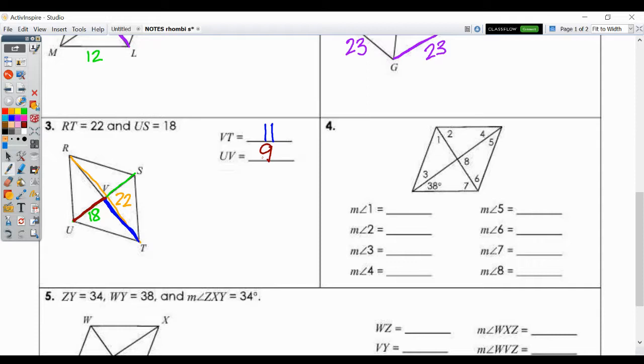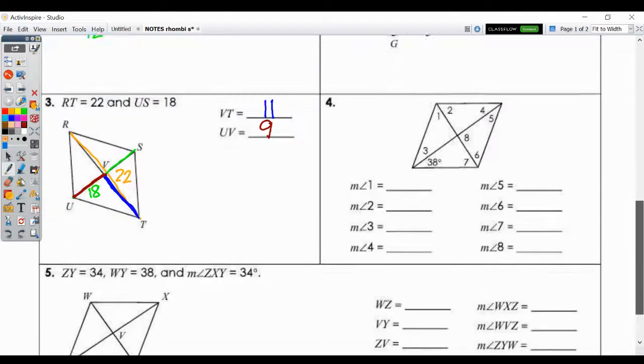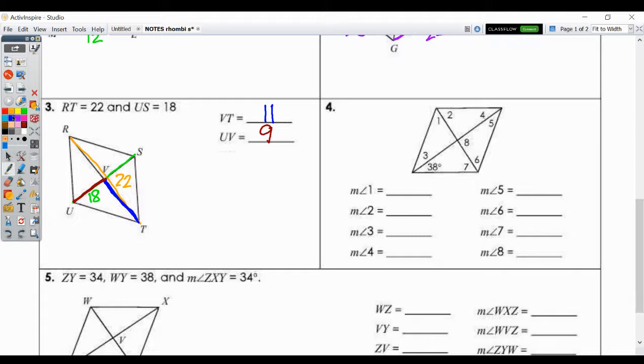Okay, let's look at this one with the angles. If this part right here is 38, it's already told me that the diagonals bisect the angles. So that means it cuts the angles in half. So if this is 38, then that means that 3 is going to be 38 too.